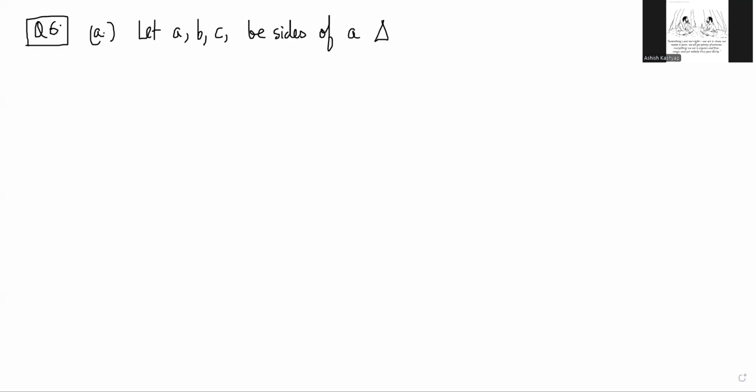Anyway, it's fine. Let's do A. Let a, b, c be the sides of a triangle. No two of them are equal and lambda belongs to real.